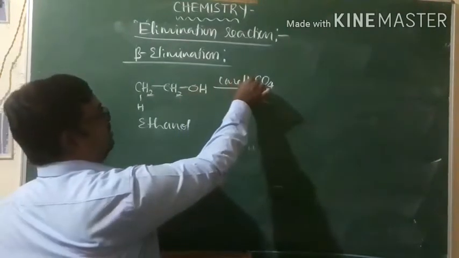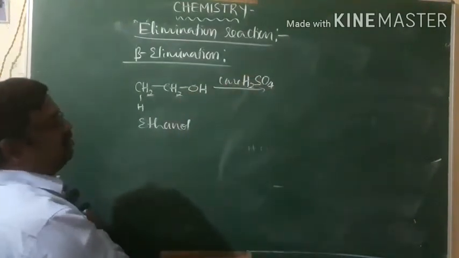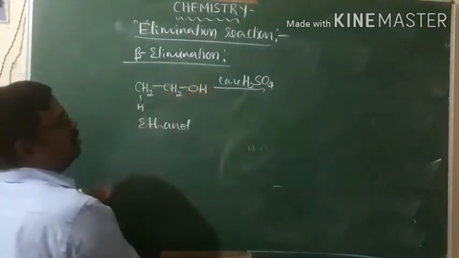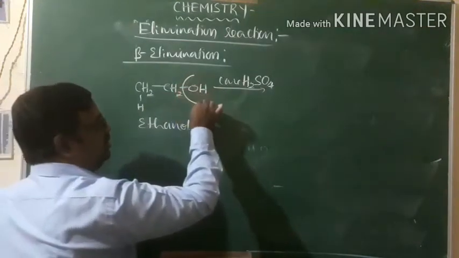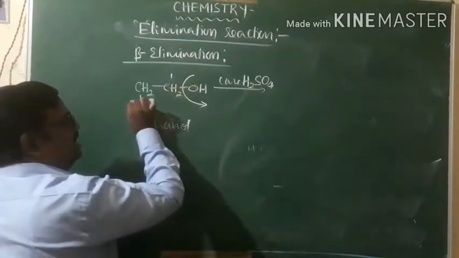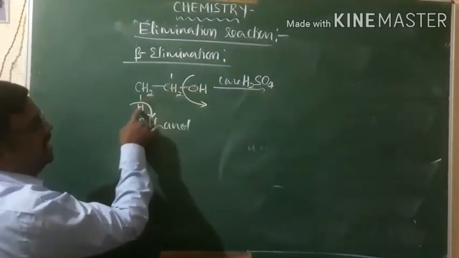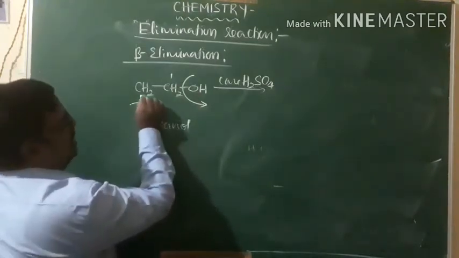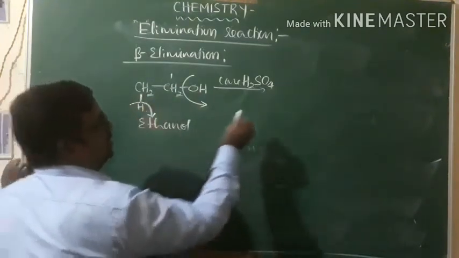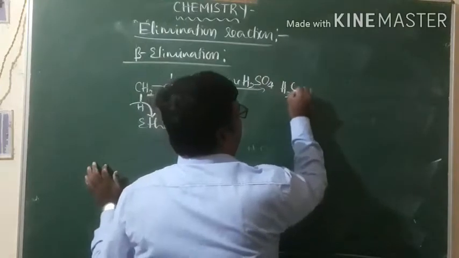So in presence of the dehydrating agent, a water molecule will be removed. Look at this, for removal of the water molecule, OH will be from the first carbon and hydrogen from the second carbon. Look at this, ಆಗೇನಾಗುತ್ತೆ, because of this you are going to remove water there.